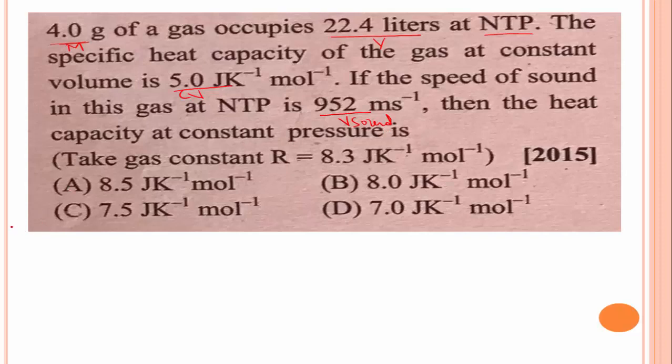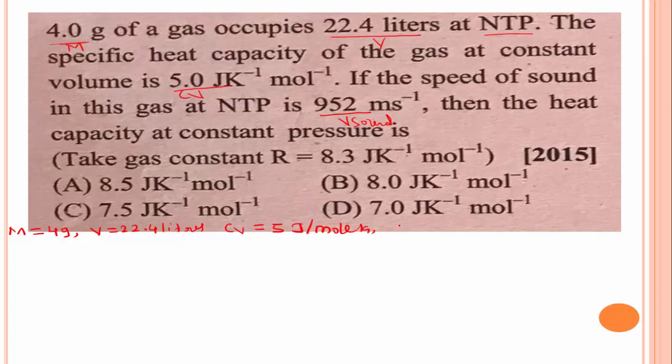In this problem, the given values are capital M equal to 4 gram, then the volume V is equal to 22.4 liters. Specific heat capacity at constant volume Cv is equal to 5 joule per mole Kelvin.